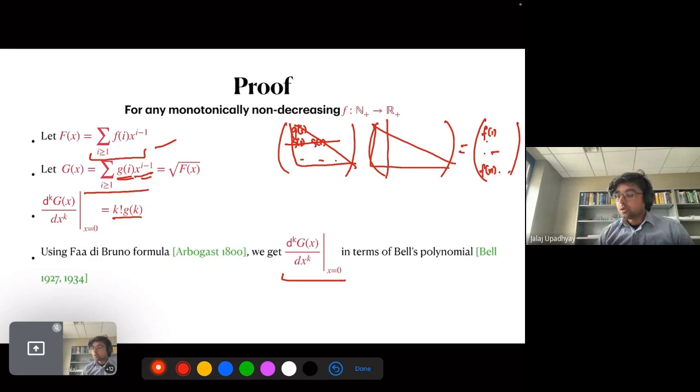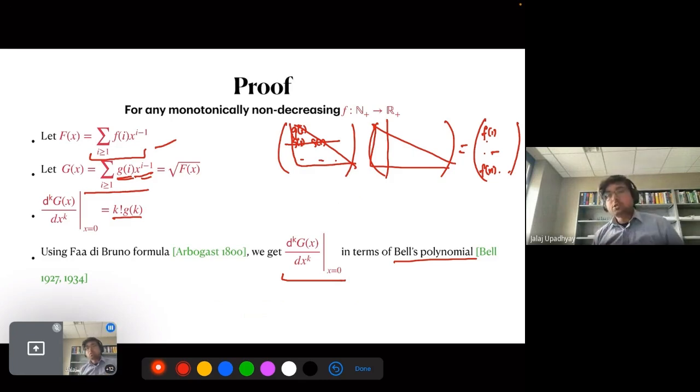It has a more complicated look, but it was not until the 1940s or 50s that combinatorics people saw the connection with Bell polynomials, because the summation inside was actually enumerating partitions, which is characterized by Bell's polynomials, from Bell's original work.